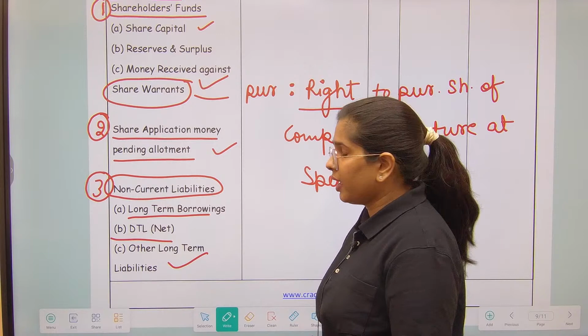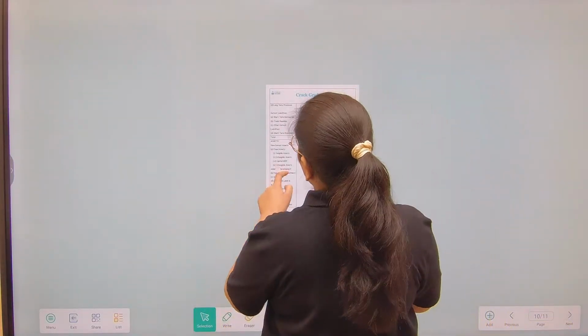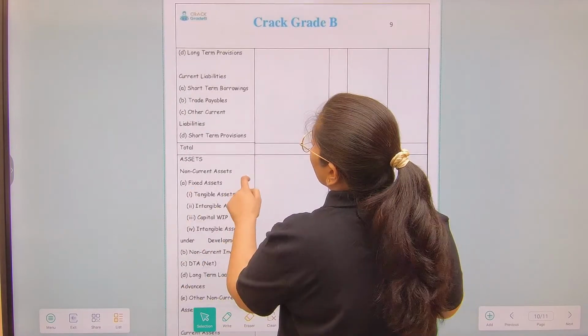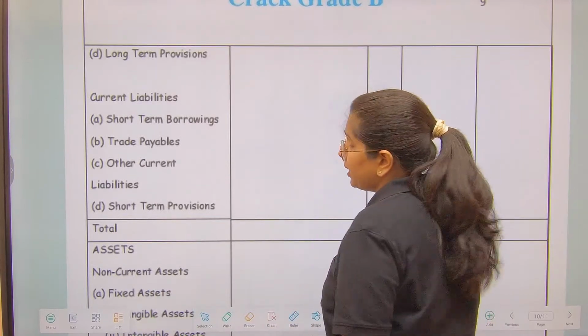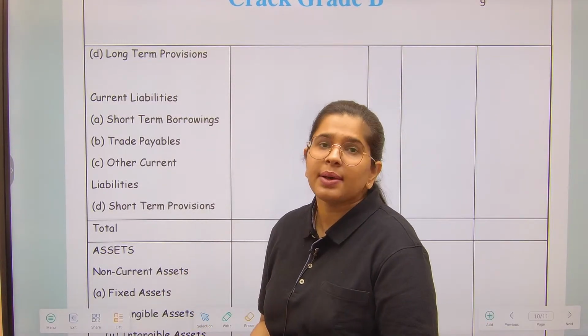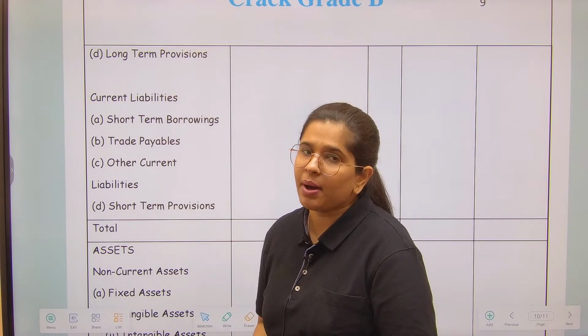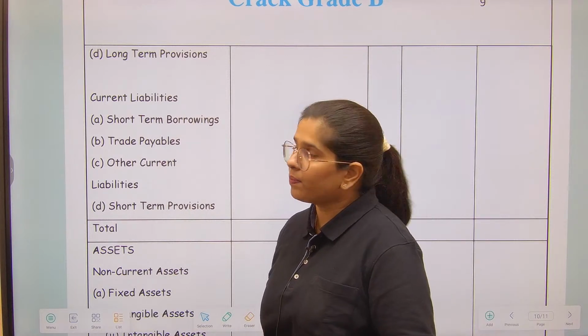Next item here will be long-term provisions. Long-term provisions means if you can foresee a liability, that liability is going to last more than a year, and you are keeping some amount for it in the form of provision, then that is called a long-term provision.